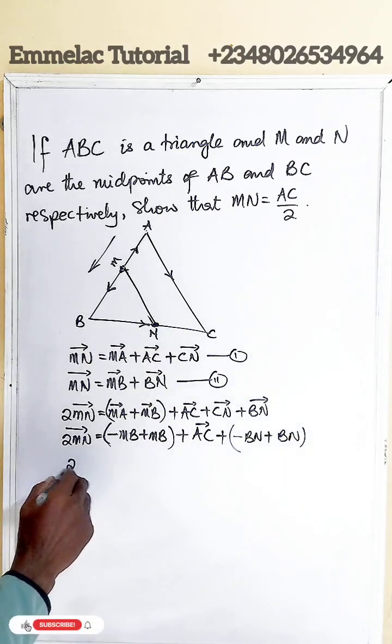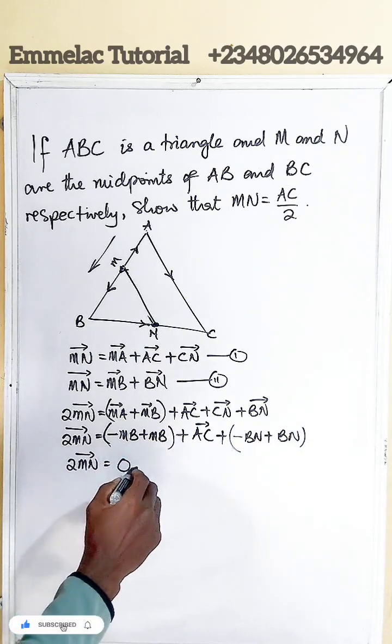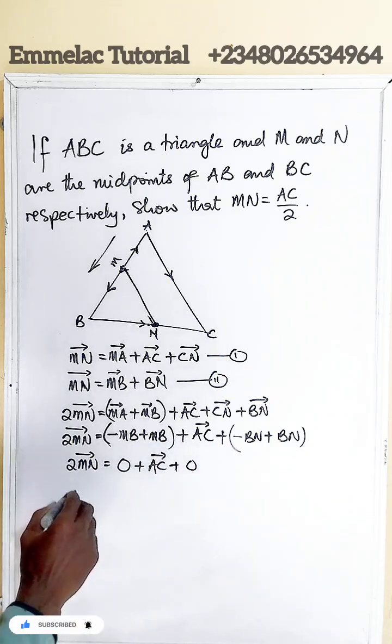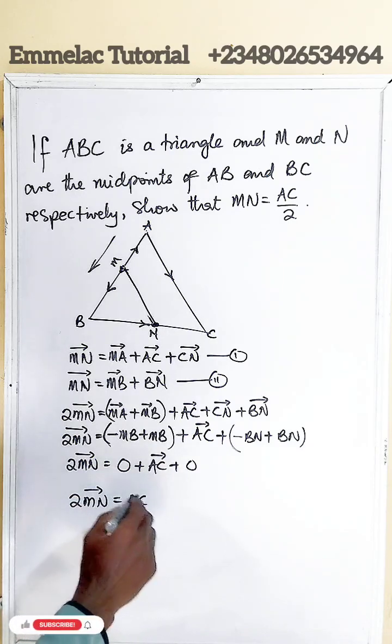So here you have 2MN equals, here it becomes 0 plus AC, then plus another 0. So you end up having 2MN equals AC.